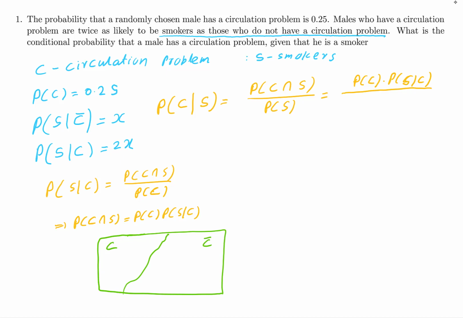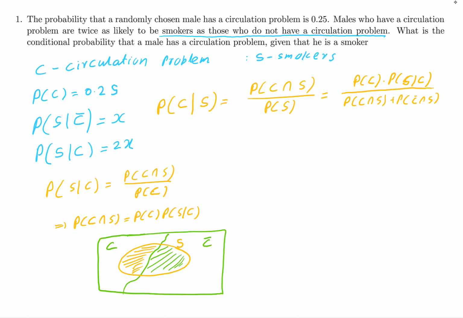But we have smokers in both groups, so that is S. To find the smokers, we need the probability of C and S plus the probability of C complement and S. That is the total probability of S.